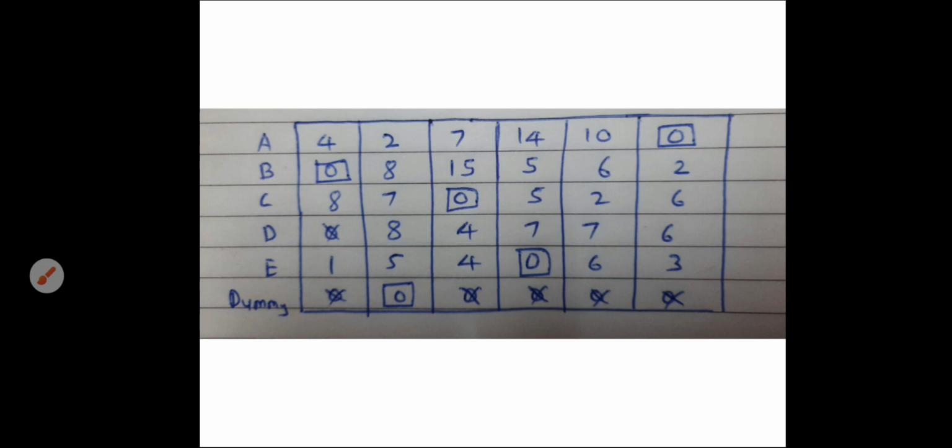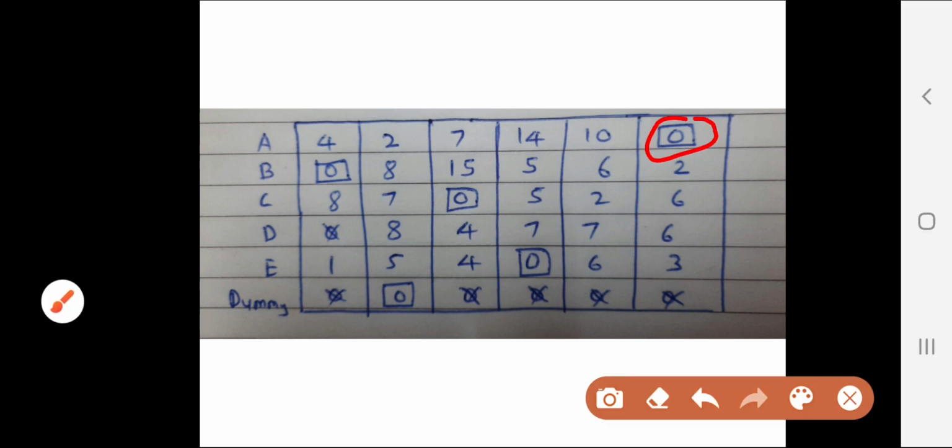Now you can go for assignment. You check the first row, is there any 0? Yes, in the first row there is a 0. You choose one 0 of the first row as an assignment, and then you find in the same column or row where this 0 is, is any other 0?